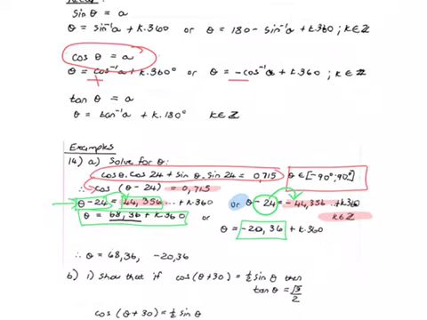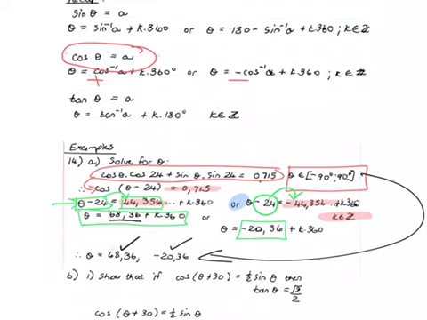Both of those will give you answers that are far too big for this interval, so we only take the 68,36. Same thing with the -20,36. If you add a 360 or you subtract a 360, it takes you out of the interval of -90 to 90, so we only take just the angle plus no 360s. So that interval is giving us a restriction that we can only have 2 answers.